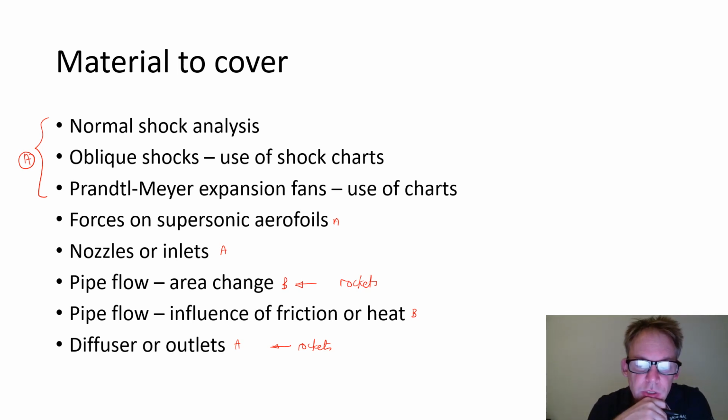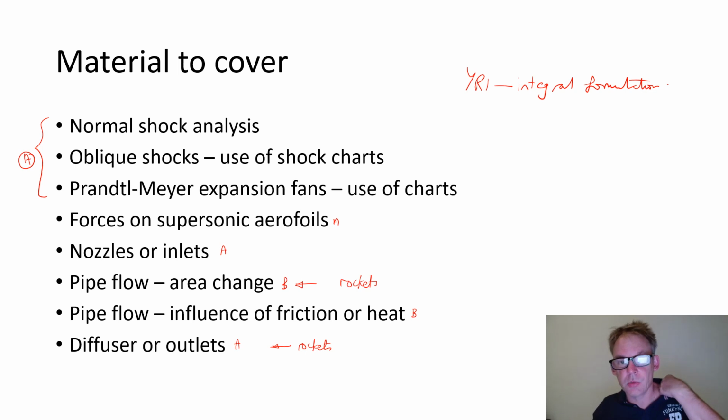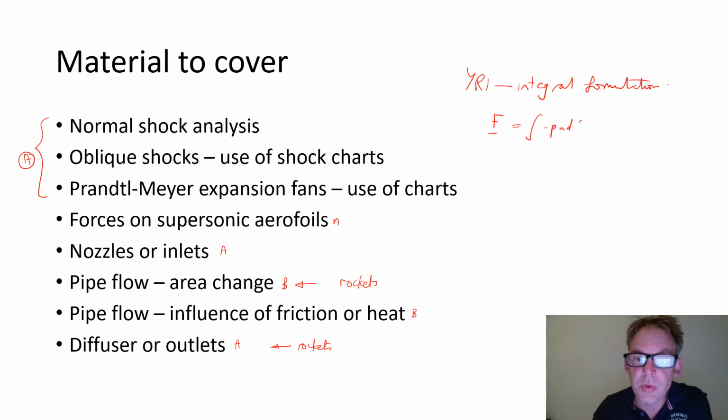Now the interesting thing in relation to year one, as we've discussed, is that year one makes use of what we call an integral formulation of fluid mechanics. The notion is that we're looking at, for instance, forces which can be described in terms of integral pressure over the surface. So with this kind of approach, we're going to apply what you've done in year one to thrust.